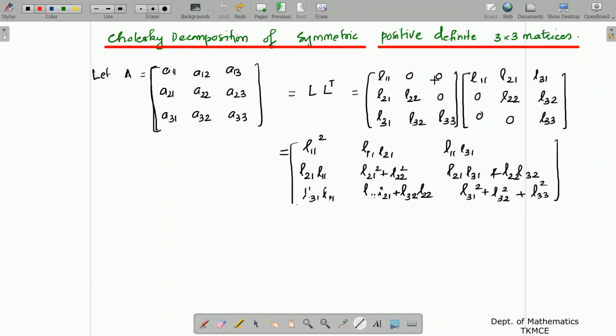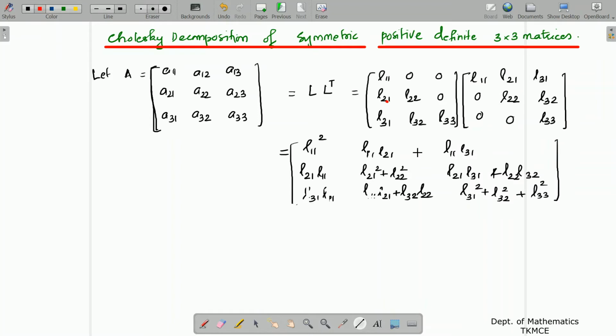First row multiplied with the third column, we have L11 L31 plus 0 plus 0. Then to get this element, the second row is multiplied with the first column, so L21 into L11 plus 0 plus 0.